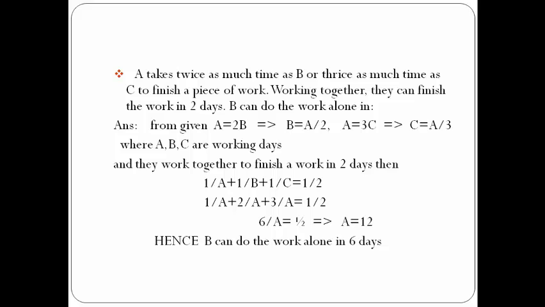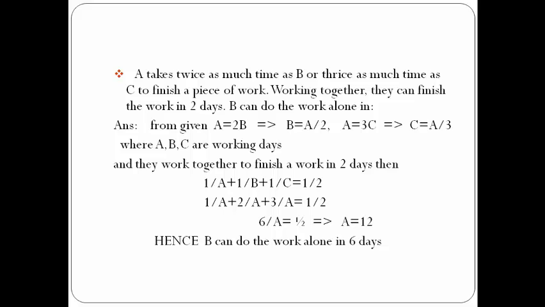This type of example is very important. Now, A takes twice as much time as B, or thrice as much time as C, to finish a piece of work. Working together, they can finish the work in 2 days. In how many days can B do the work alone?